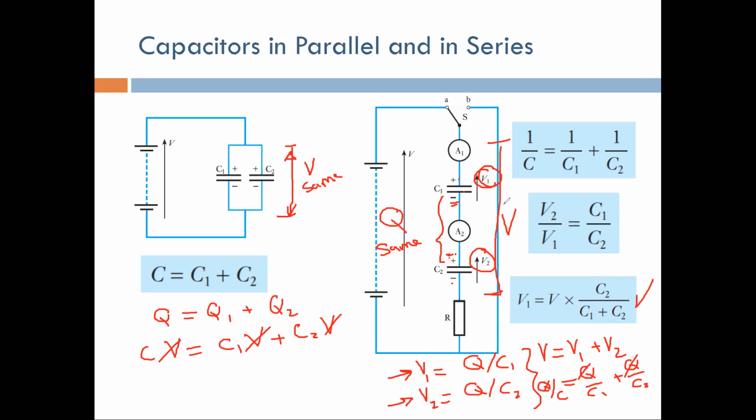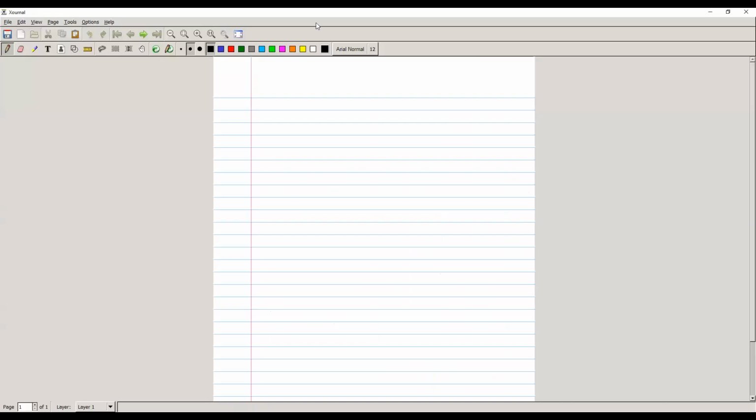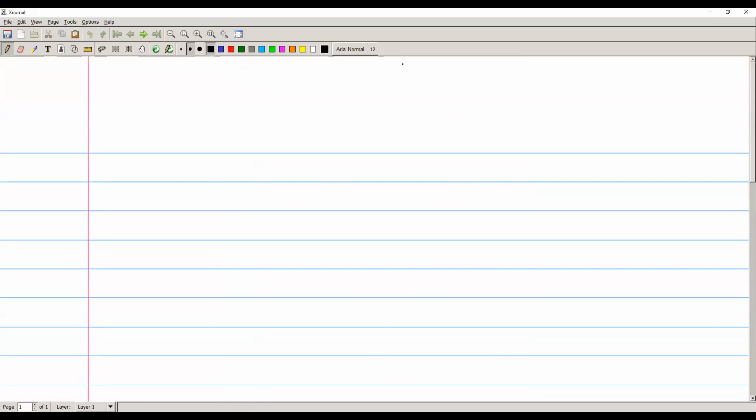We can show that very clearly also. If you consider that we have two capacitors like this, here you have C1, here you have C2.